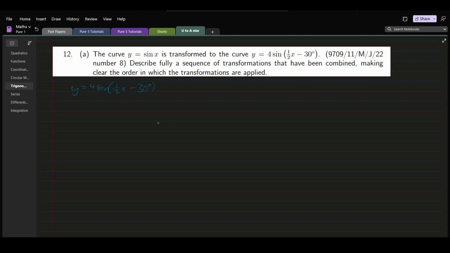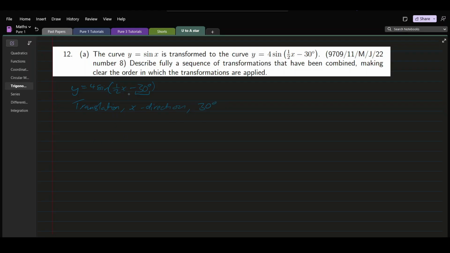Right, so let's start first. Let's ignore the order for now. We're just going to identify the transformations that are there. So we have this negative 30 over there. That's a translation in the x direction, by 30 degrees.